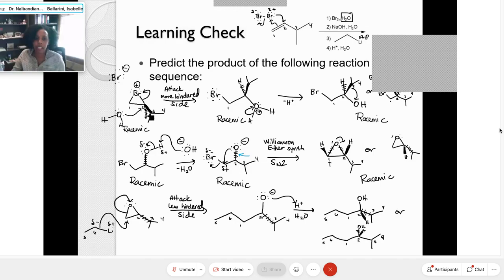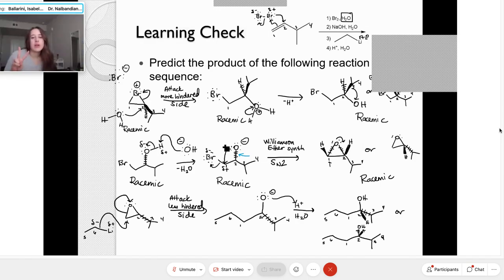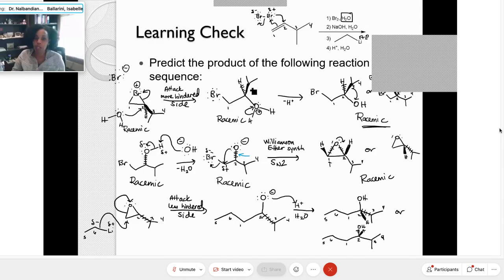They're still there. They didn't detach in step 1. We still have all the same carbons, 2, 3, 4. Nothing detached in the course of the reaction. All we did was rotate.